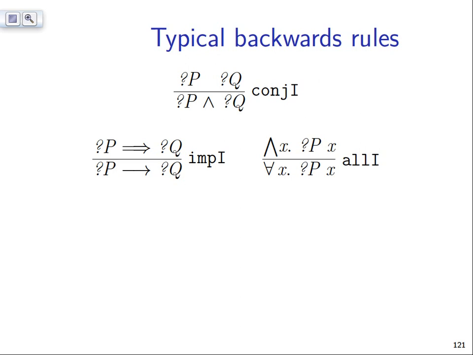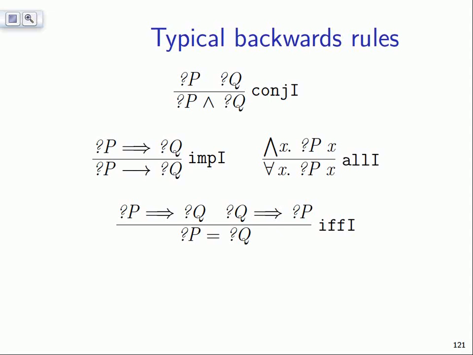Whereas here, you're trying to prove a big formula with a quantifier in front. So again, you're removing part of the formula and moving it, in this case, into the context, and you can then concentrate on proving just the P without any quantifier getting in the way.